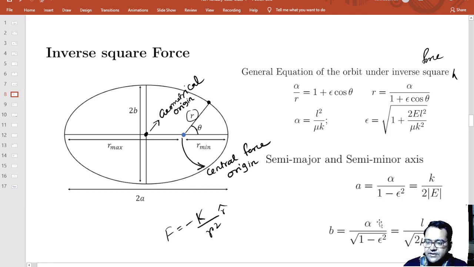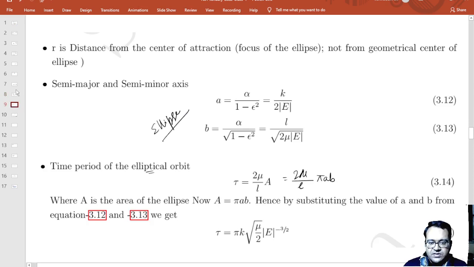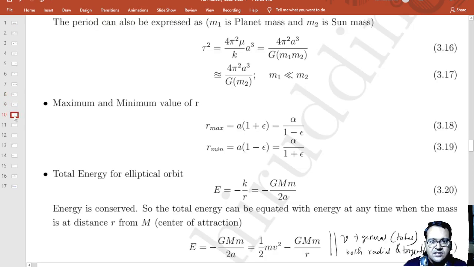So here we will get an energy expression: E is k by 2a. I would write this on the next page also. Did I write it? Yeah, this is there.